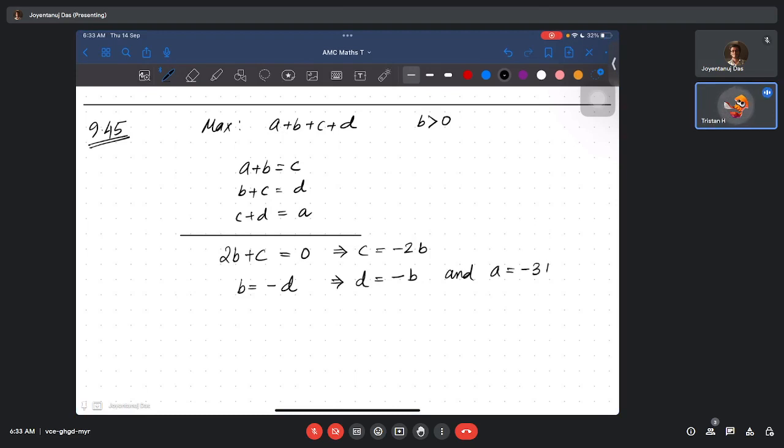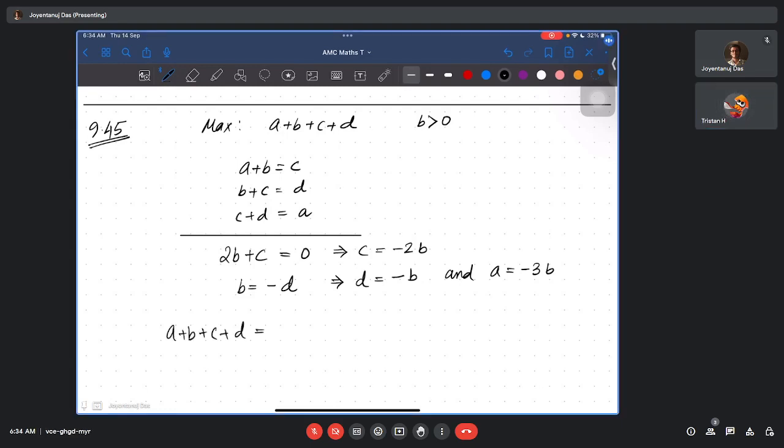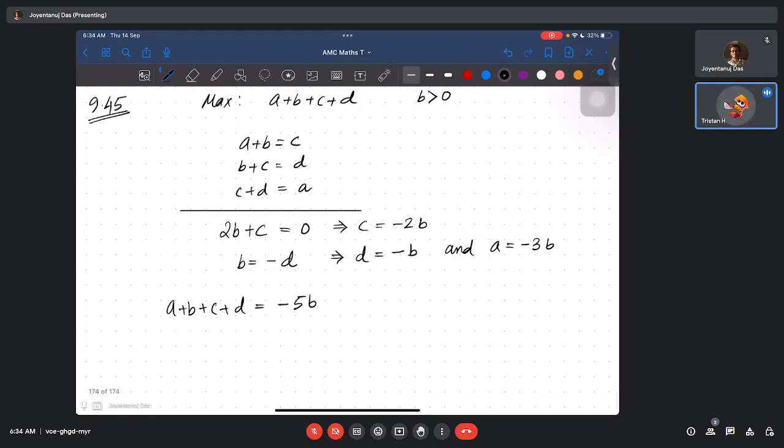And the smallest positive integer is 1. So if you sum them, it will become negative 5b, right? So the maximum value is when b is the smallest one, right? Yes.